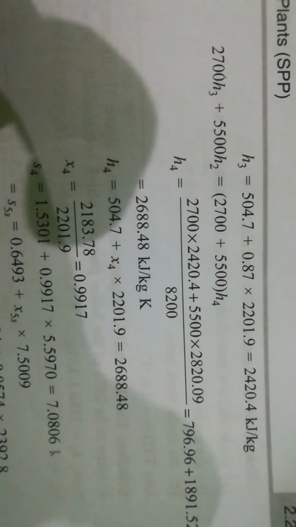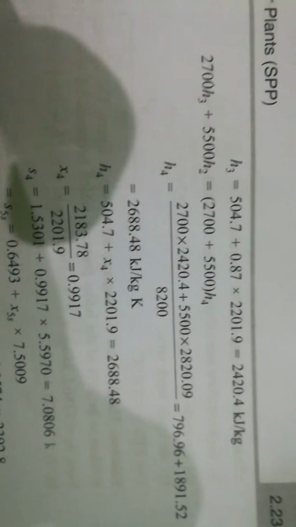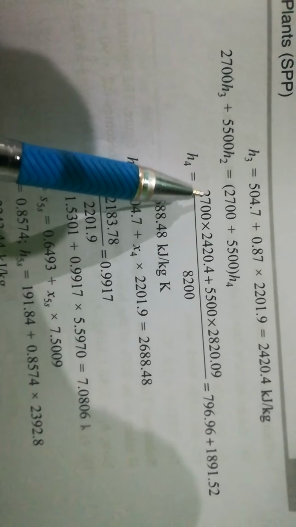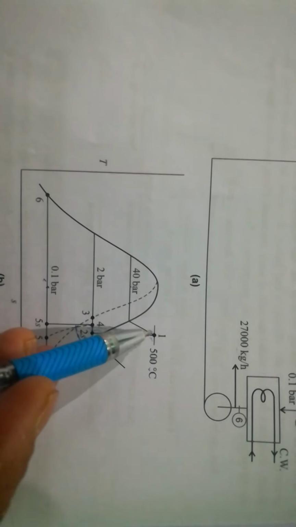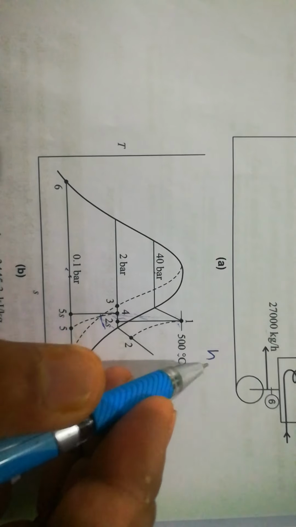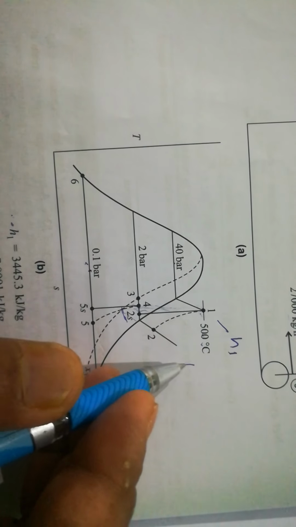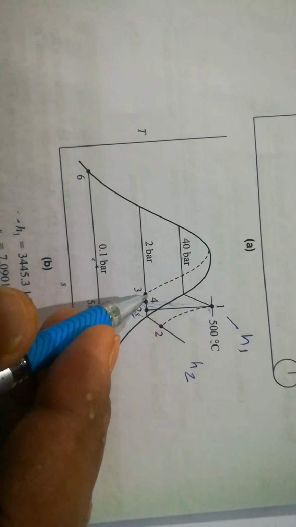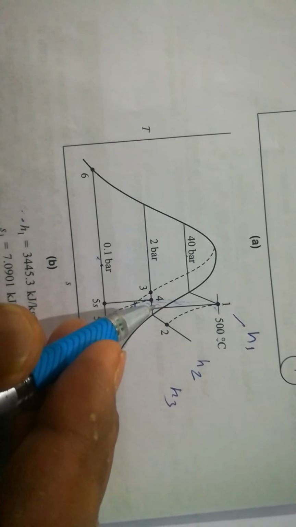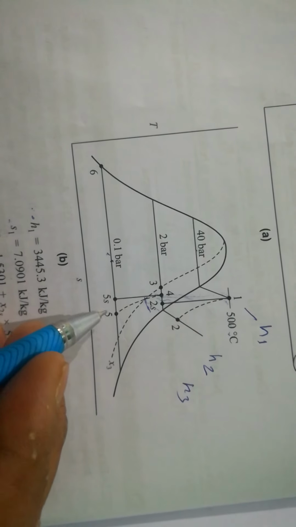Now after this, H3 and H4, where is the point? This is point one, H1, this is H2, this is H3 and H4, and here is H5.